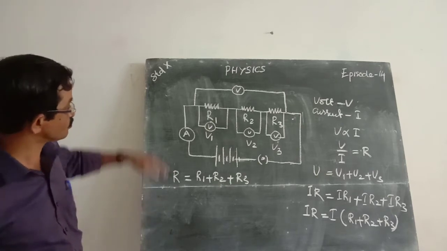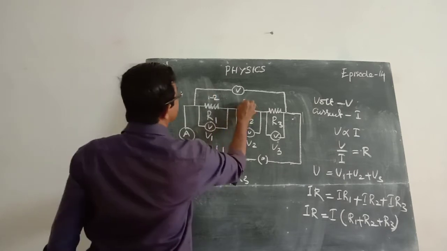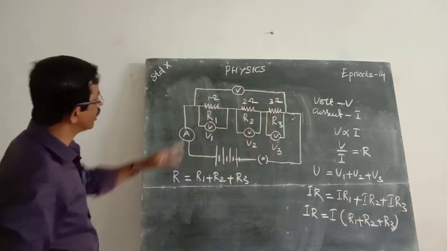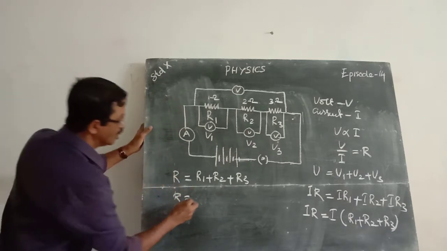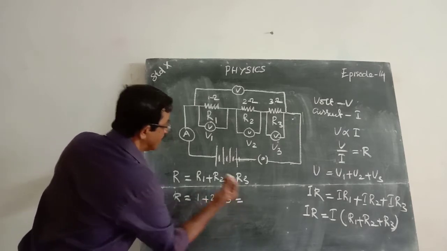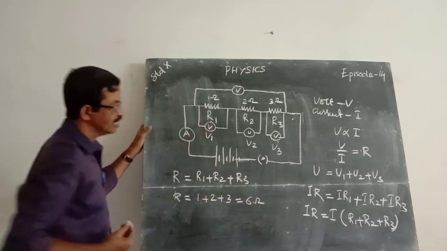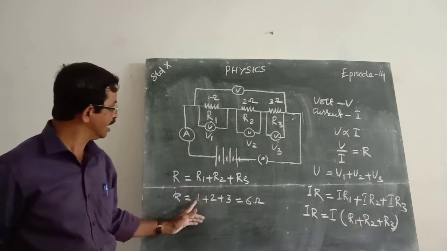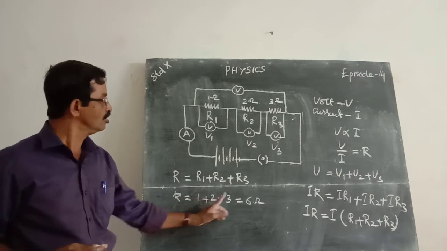That means if here we use 1 ohm, here 2 ohm, here 3 ohm, then the total resistance R is equal to 1 plus 2 plus 3, that is 6 ohm. See, this total resistance is more than any one of these resistances, that means more than 1, more than 2, more than 3 also.